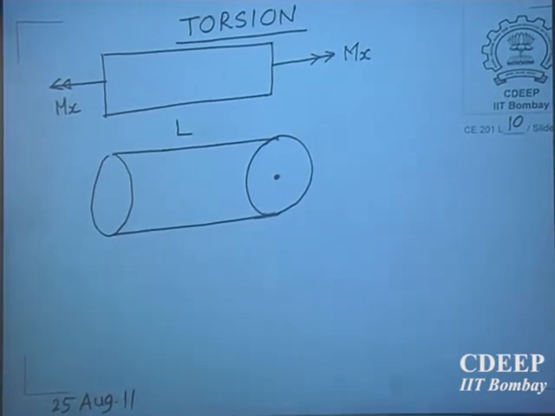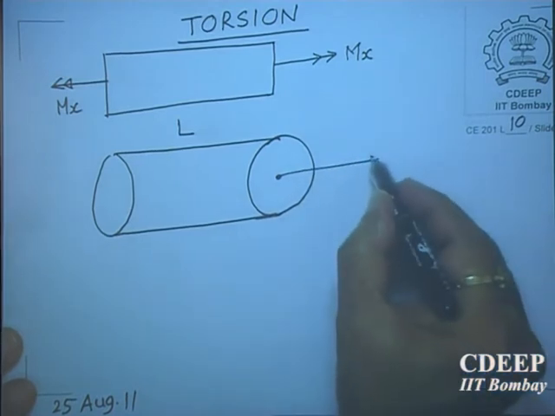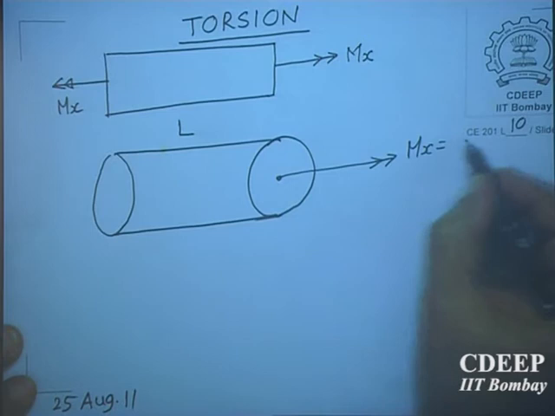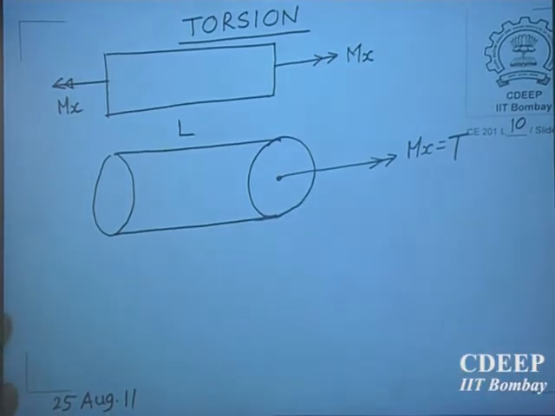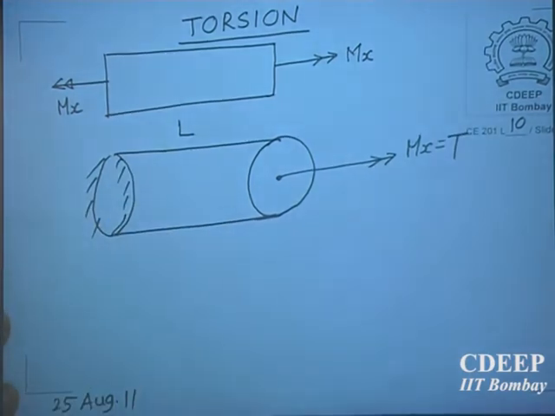It is a slender member whose cross section is circular and it is subjected to a torque. So this one is circular, it is subjected to a torque Mx, and we will denote it also by T, sometimes T means torque, and this end can be fixed.